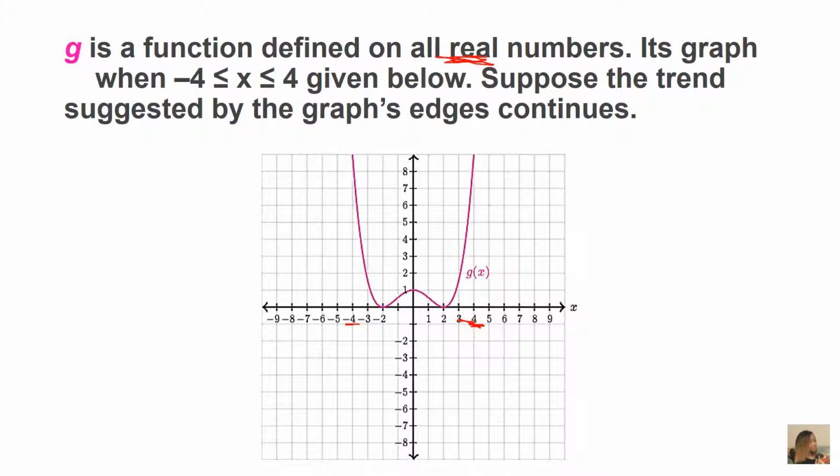The less than or equal to sign means inclusive, so the -4 and the 4 values are included. And we're going to suppose that the trend suggested by the graph's edges continues on forever, so it just continues increasing among the infinite domain of x values, okay?